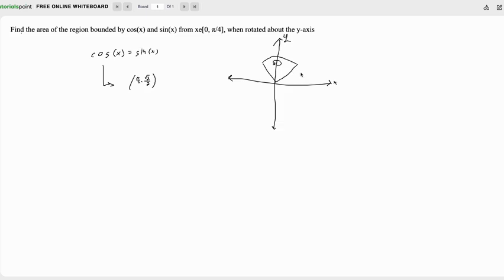Okay, so I'm going to be using vertical disks. So if I draw one sample disk inside this region, it would look like this. If I can draw the disk correctly, sorry. Okay, perfect.